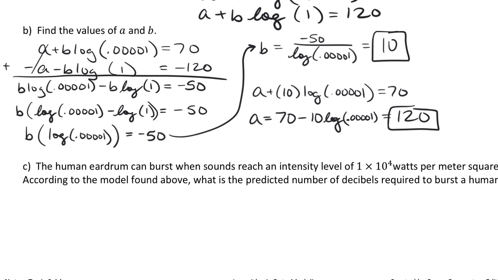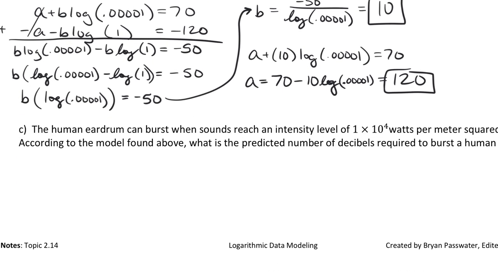Part C says the human eardrum can burst when sounds reach an intensity level of 1 times 10 to the 4th. Science friends, what number is that? There's 4 zeros behind it. 10,000.